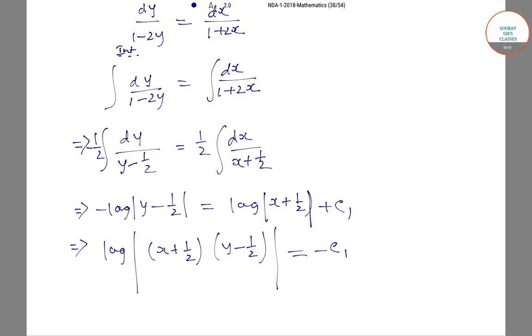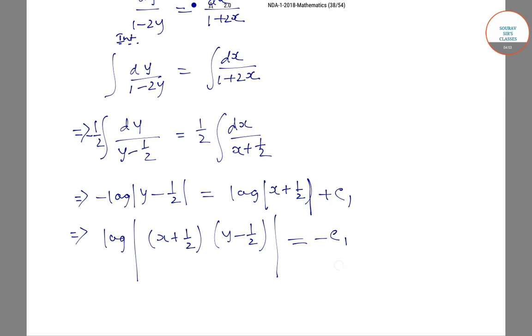Now if you further solve it, you'll get xy minus half x plus half y minus 1 by 4, which is equal to e to the power minus c1.